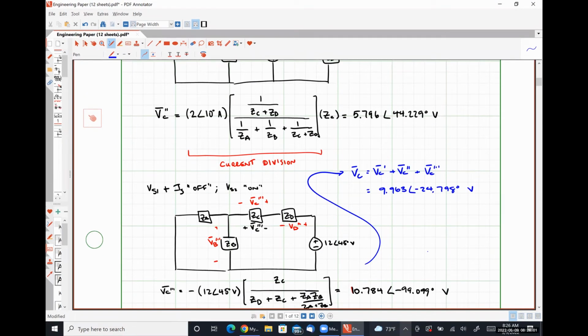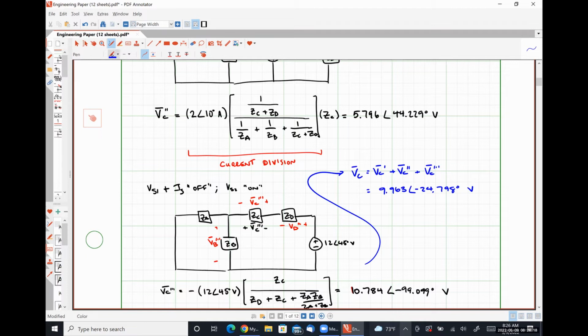Whenever we established the rules for voltage division, we did so where the positive polarity of the voltage drop was effectively touching the positive polarity of the source voltage.